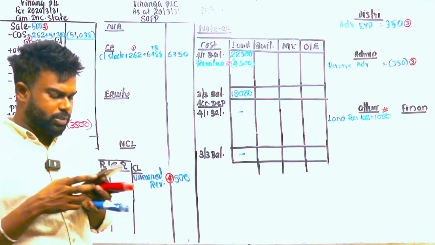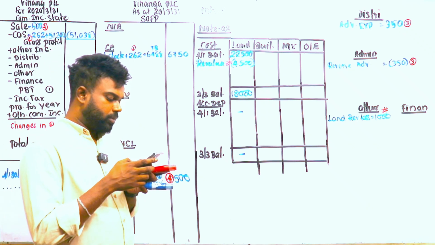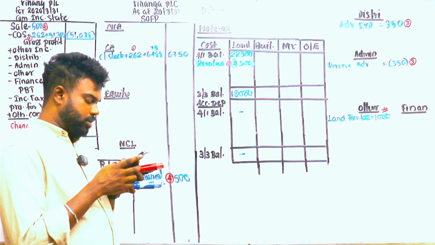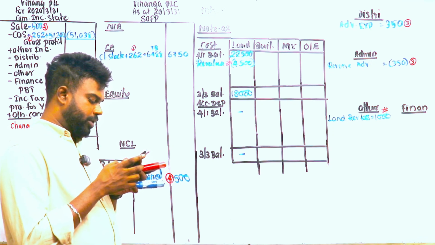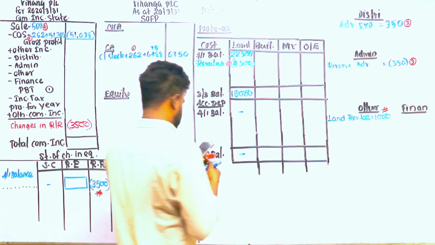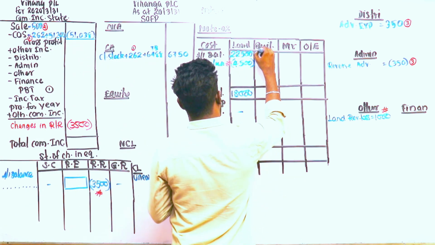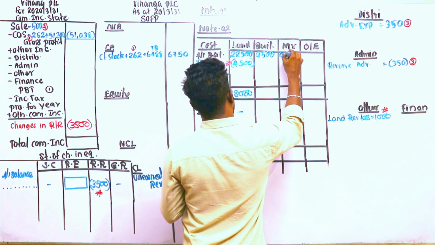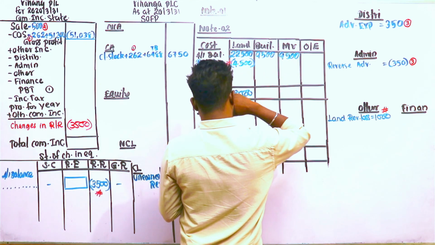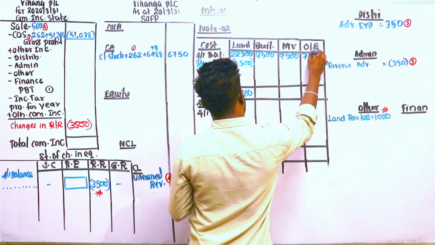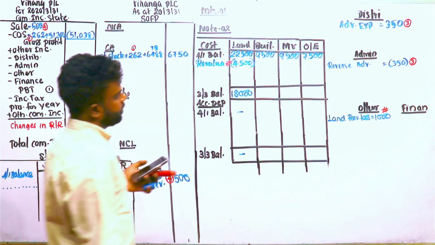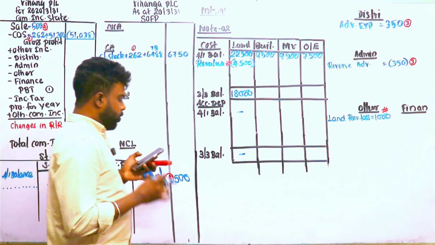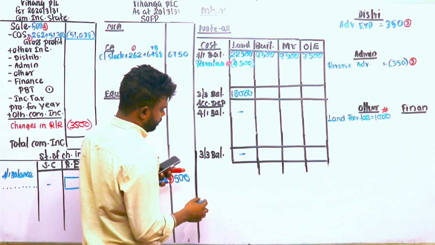First of all, I record the building, motor vehicle and office equipment opening balances: 9,500, 9,500 and 7,500. Record here, no issues. Clear. And also accumulated depreciations.